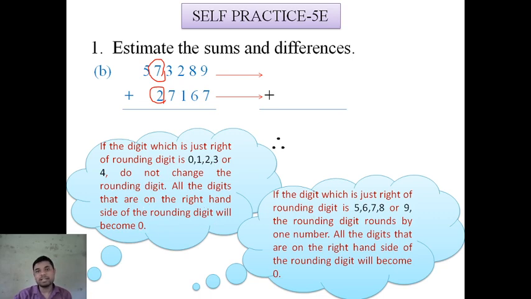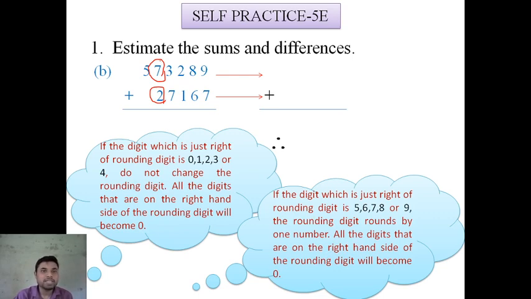And if the digit just right of the rounding digit is 5, 6, 7, 8 or 9, that means 5 or more than 5, the rounding digit rounds up by one, that means the rounding digit plus 1. All the digits on the right hand side of the rounding digit will become 0. You already learned it.